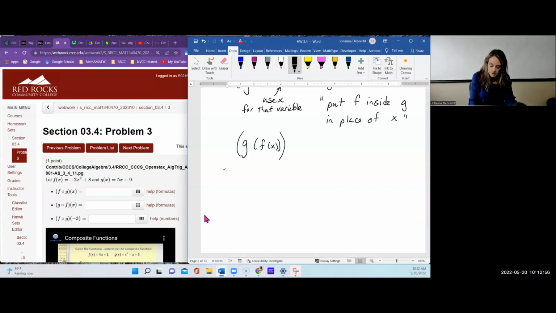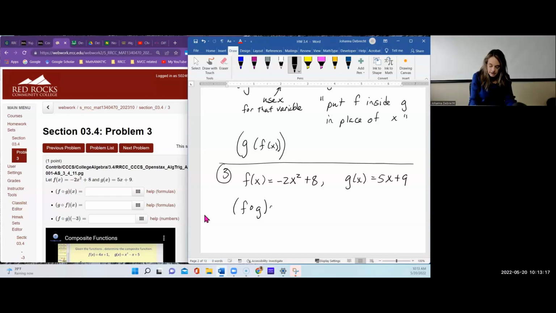Let's start problem number 3. In problem number 3, we have one function, f of x, as negative 2x squared plus 8, and another function, g, as 5x plus 9. The first thing it asks us to find is f of g of x.